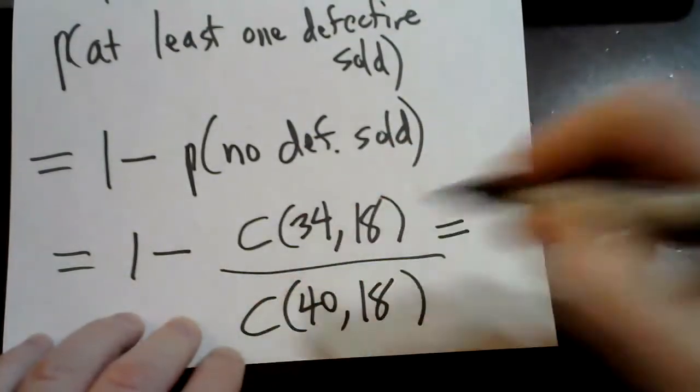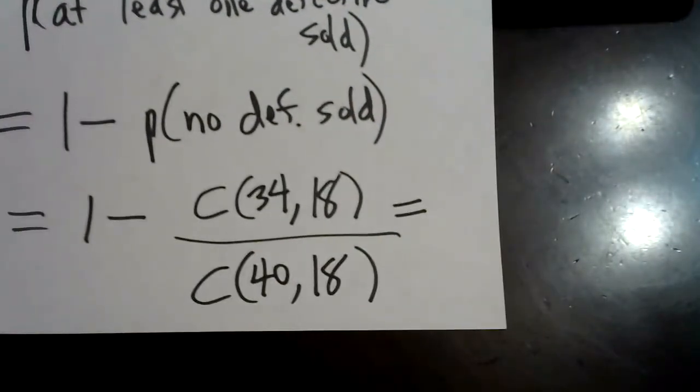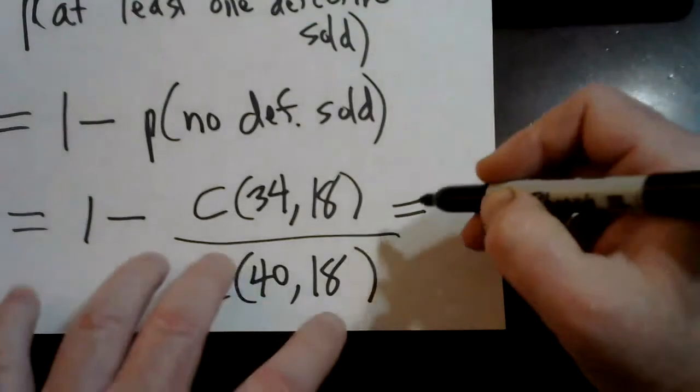And this part is a little bit tricky to plug into a calculator, but let's go ahead and do it. So I get 0.981, and that looks correct.